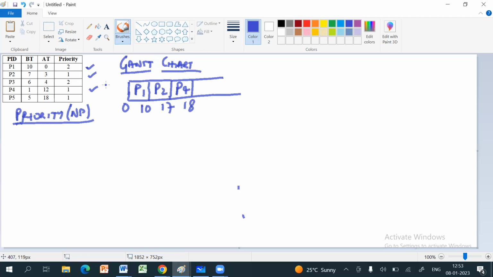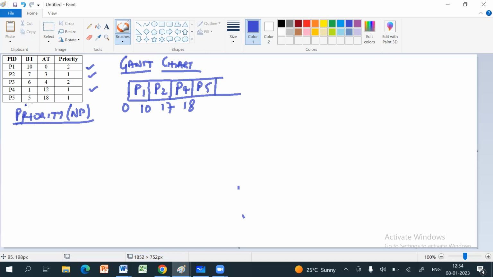Now in the queue, P3 was supposed to execute, but with arrival time 18, P5 is also there. So at current time 18, you have P3 and P5 available. P5 will be given a chance because of a lesser number, that is higher priority.